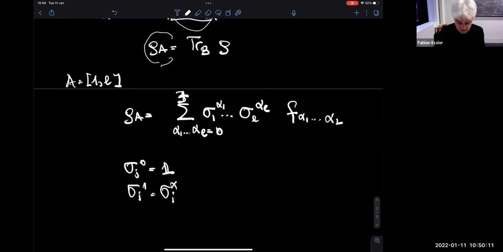And here is some normalization constant.